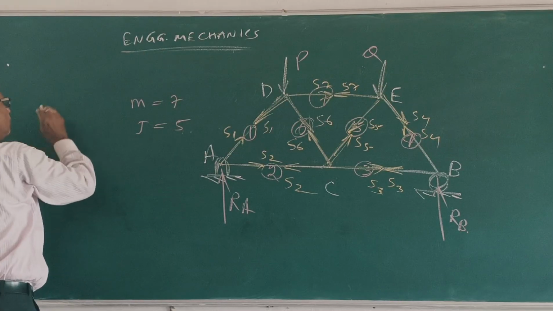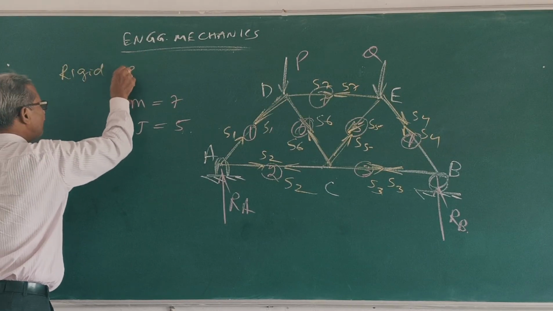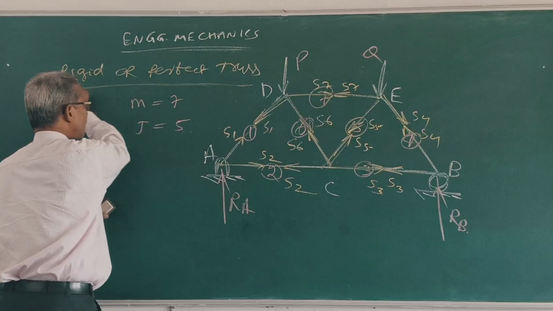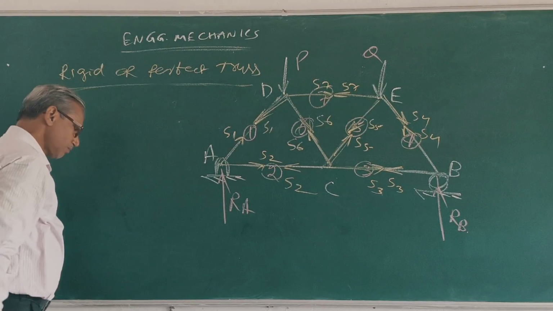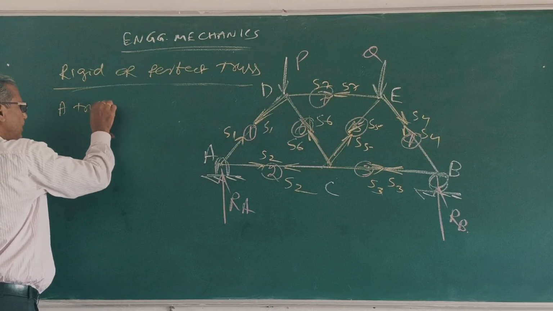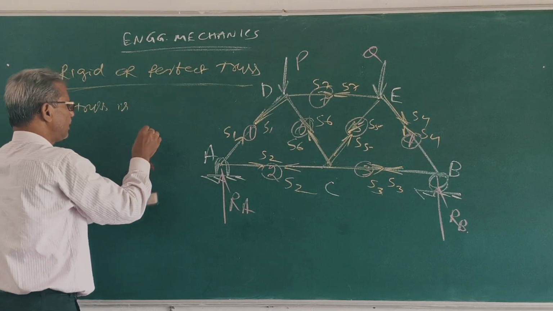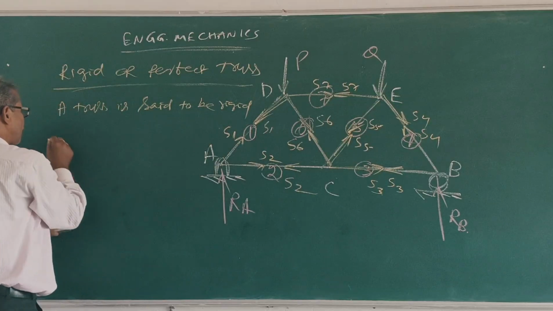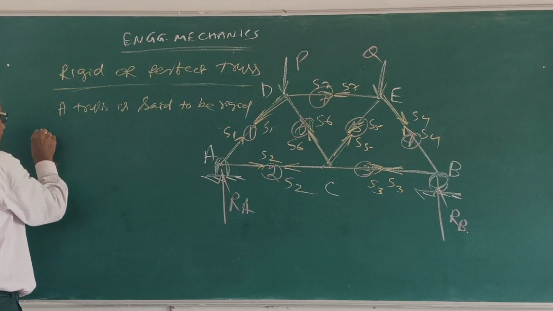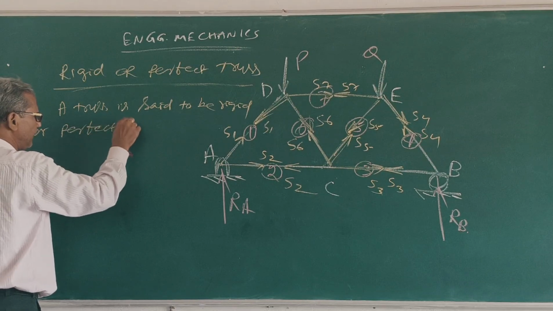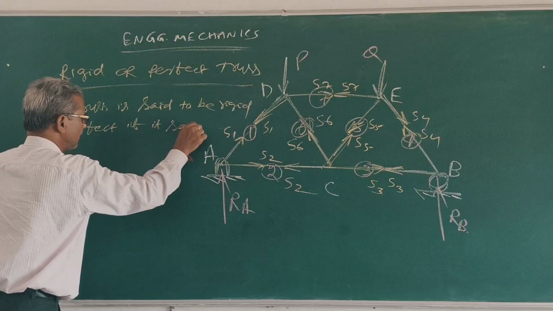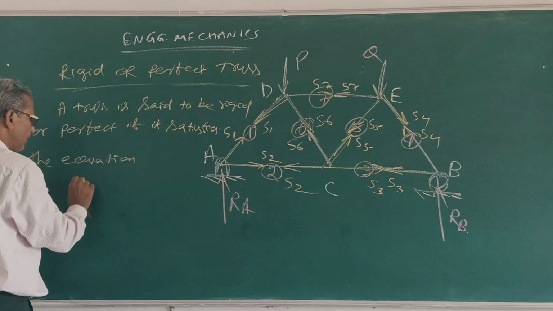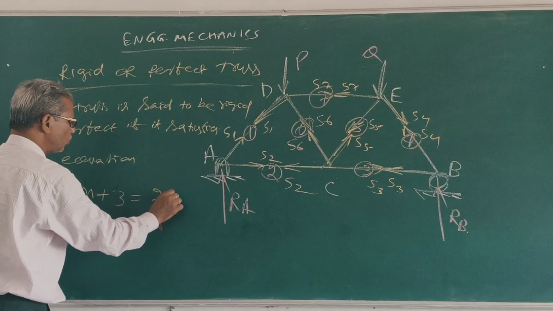Now, rigid or perfect truss. Clear? A truss is said to be rigid or perfect if it satisfies the equation m + 3 = 2j.